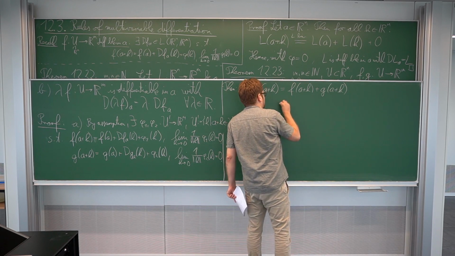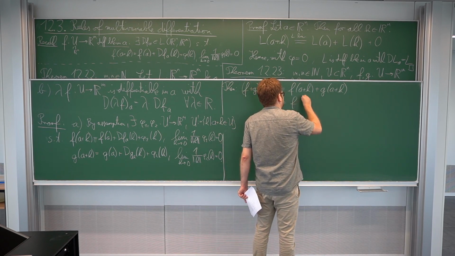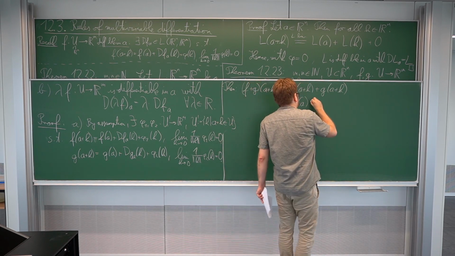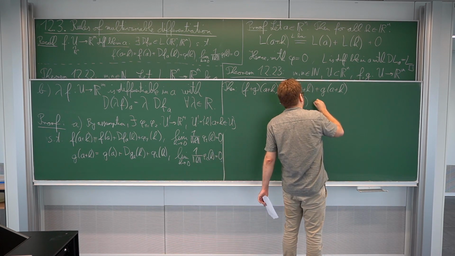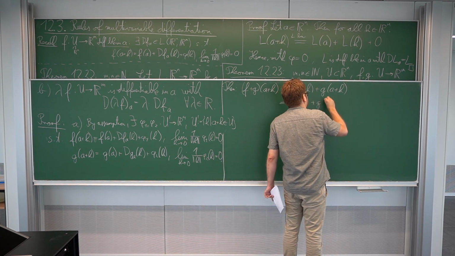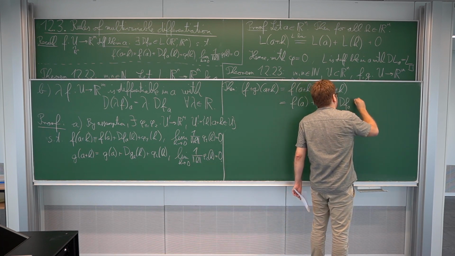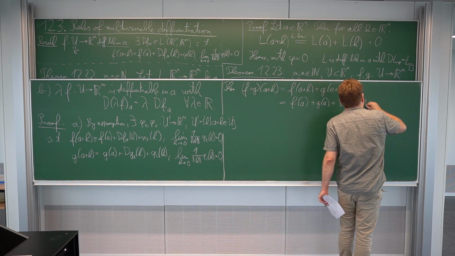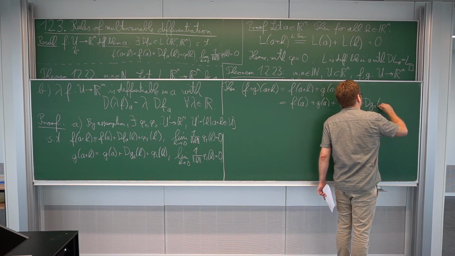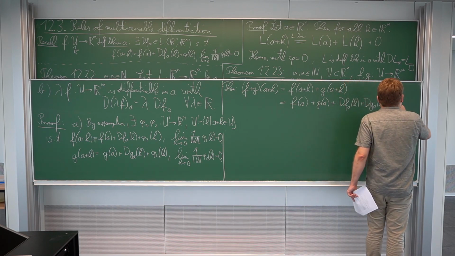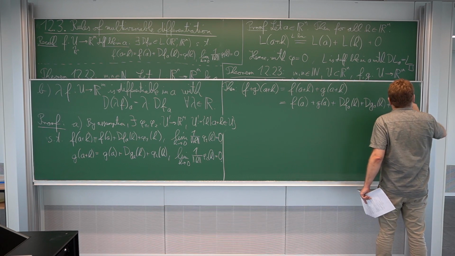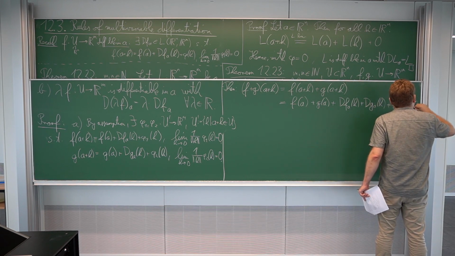So if we replace them by the corresponding right-hand sides, we get f of A, so let me just reorder the terms already, and from the other one, we get g of A plus dfA of H plus dgA of H plus phi1 of H plus phi2 of H.